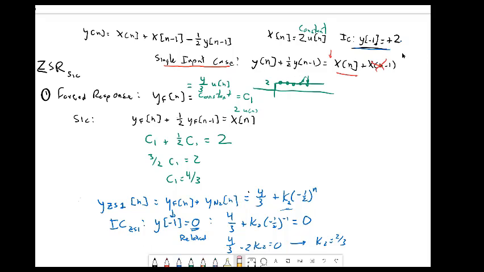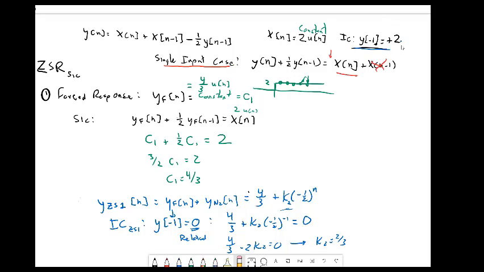So I'm leaving off this initial condition that produced my zero input response. I'm solving for the case as if my system started off relaxed, which is all initial conditions equal 0. Solve for the k back in the zero input response, right? We plugged in this initial condition, y of index -1. We replaced n with -1 and set that whole thing equal to +2. That gave us the natural response piece that was due to this initial condition.